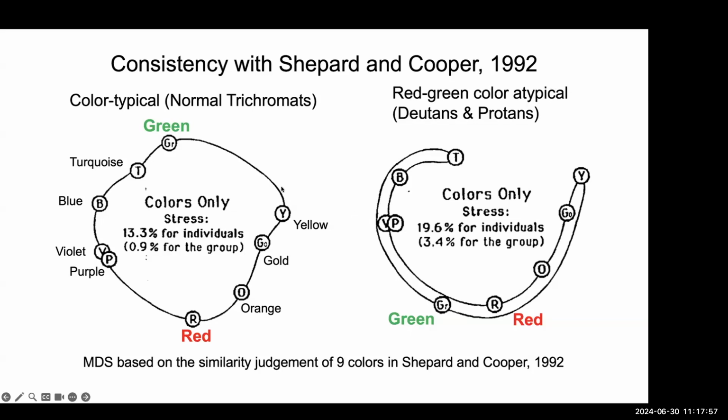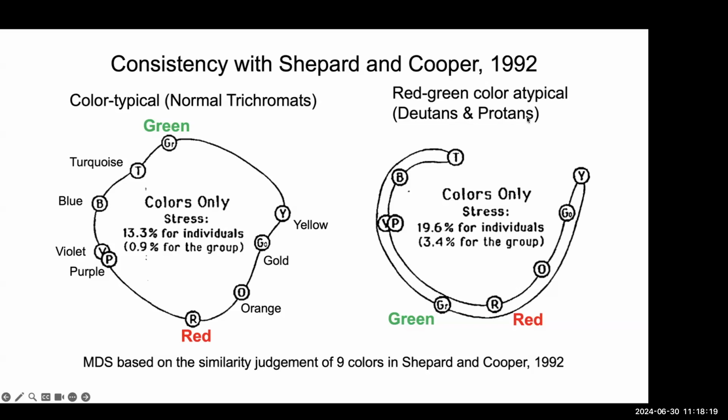So let's look at this structure. This is a smaller version and really schematic, just a model. As you can see, in the color typical participants, red and green are far away, but green and red are close in color atypical participants.